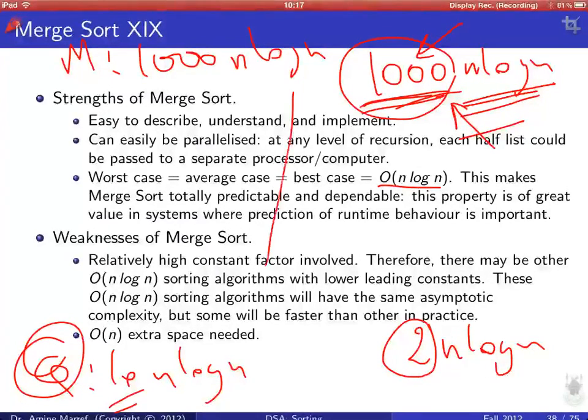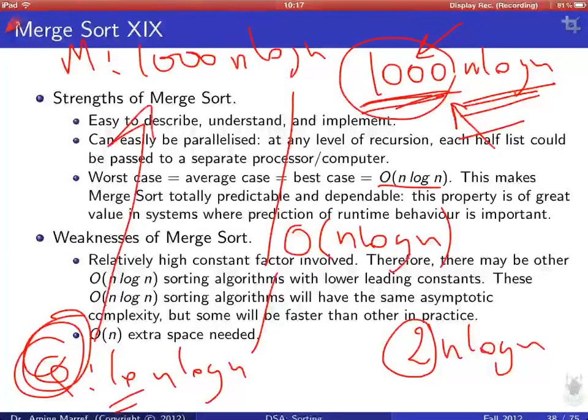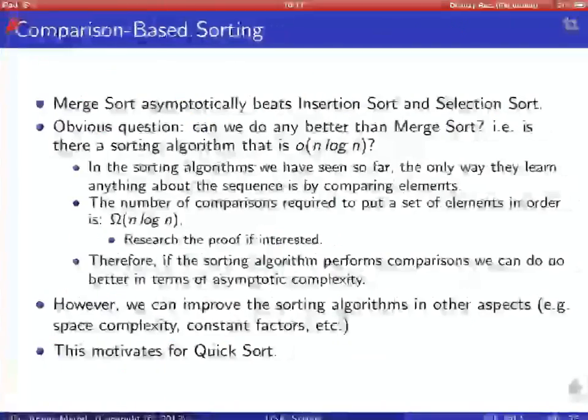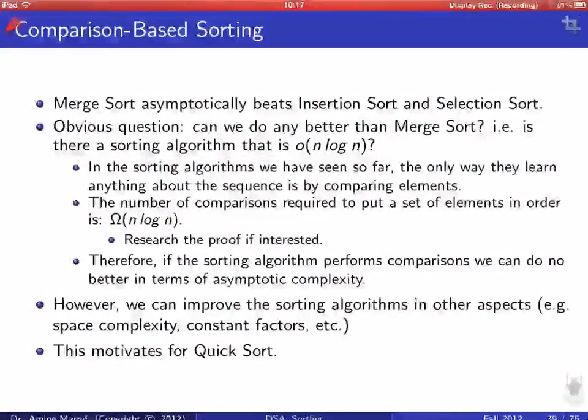However, we have said that merge sort is n log n already. Now, does that mean that we should stop searching for a new algorithm? Because merge sort is already actually big theta of n log n, and I have said that we cannot be better than that, so do we stop thinking about algorithms?